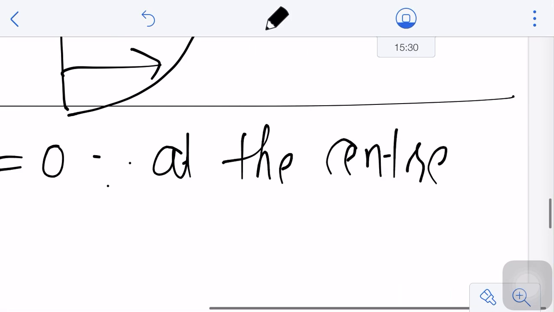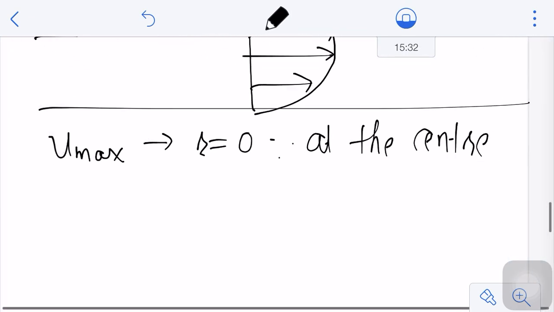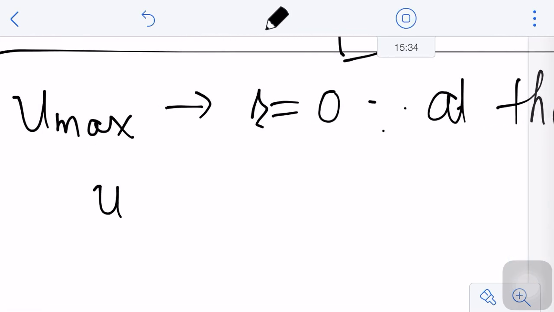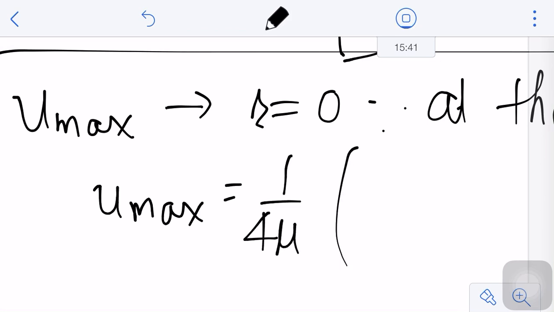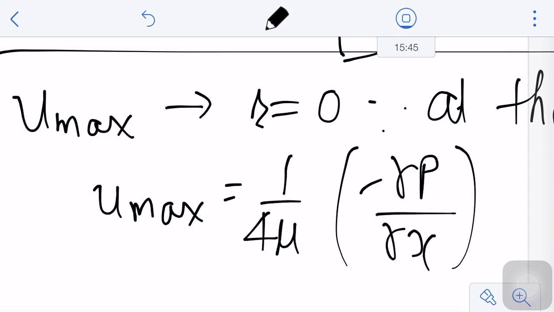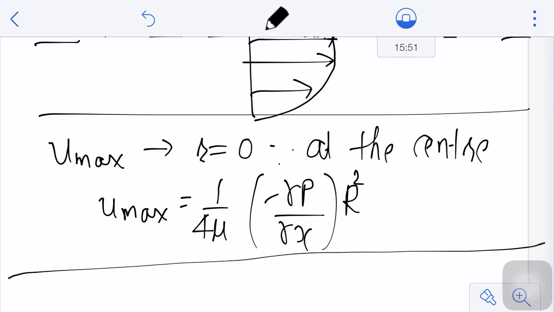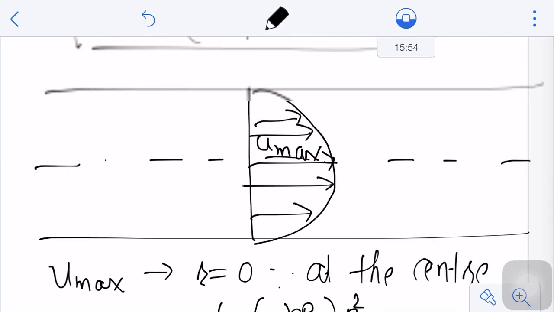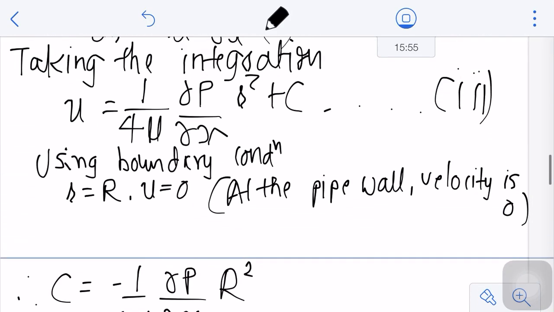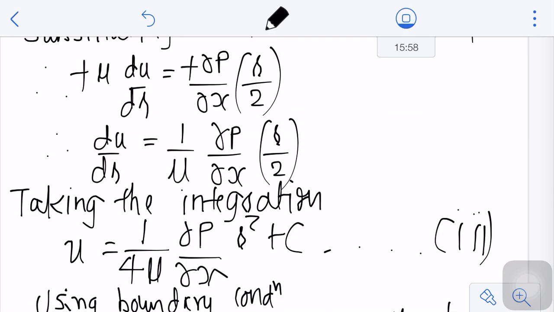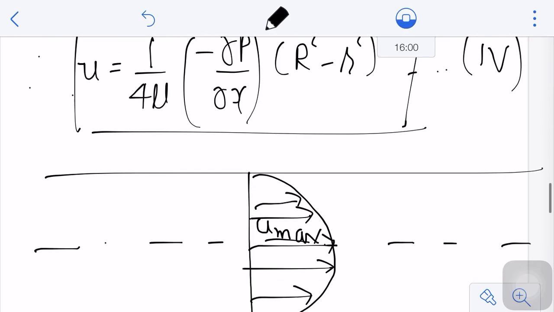So substituting this condition, your u max will be equal to 1 upon 4 mu into minus curly p upon curly x into R square. So this is how one can get the shear stress distribution and velocity distribution across the section of the pipe. Now we are also going to discuss a few more topics.